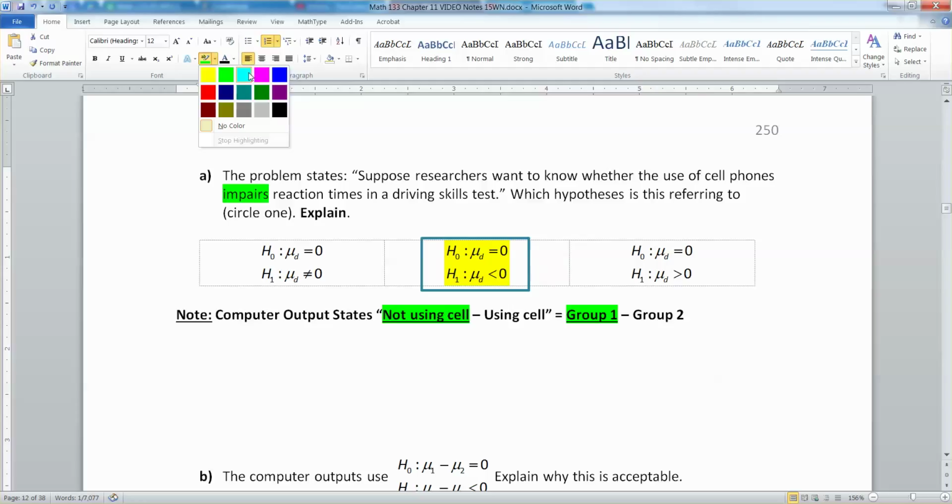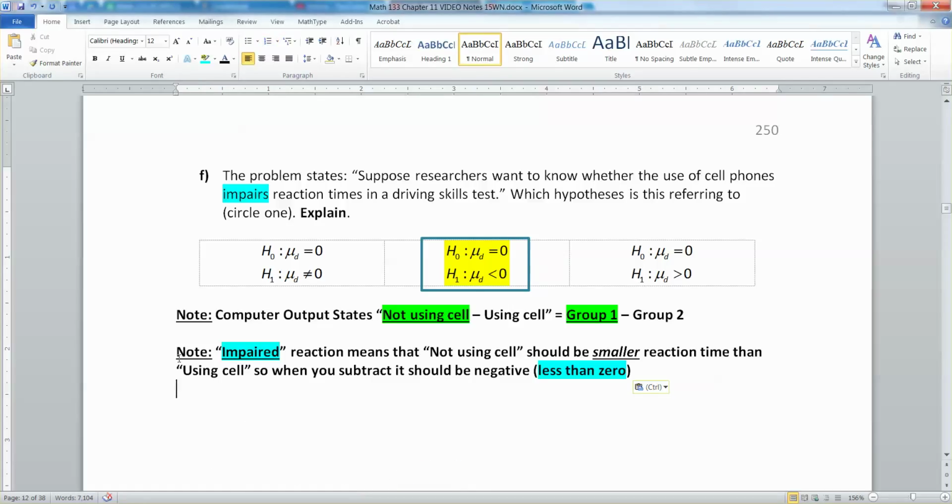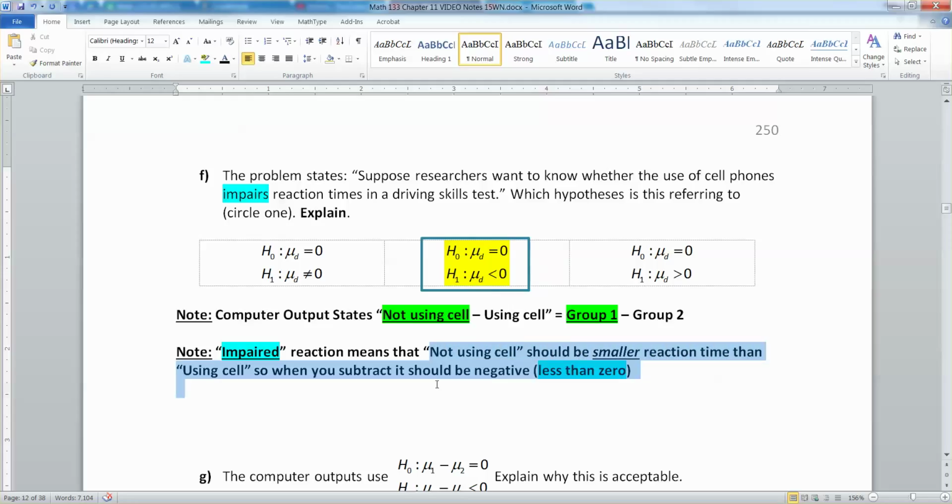That word means that we want to make it so that using the cell phone will mean longer reaction times than not using. In other words, not using the cell phone will have a quicker reaction time, a smaller reaction time, right? So the not using cell group will be smaller than the using cell group. And that means when you subtract, as we say we're going to do group 1 minus group 2, we're going to subtract here.